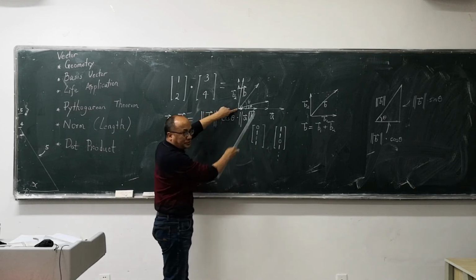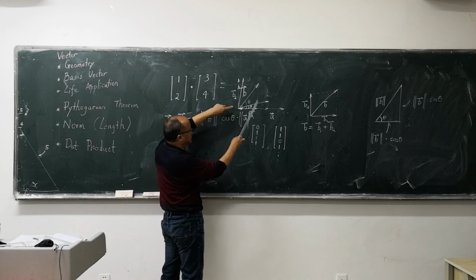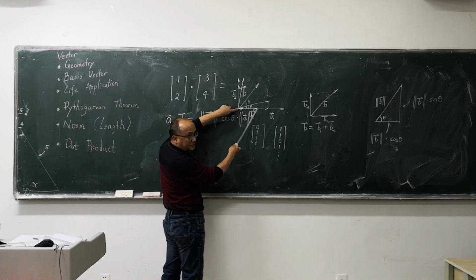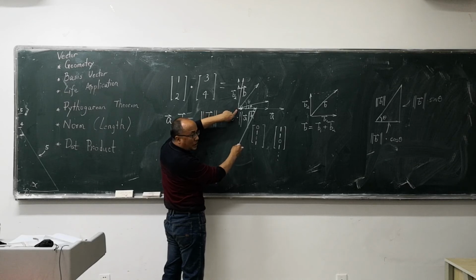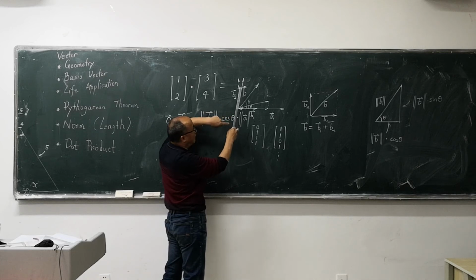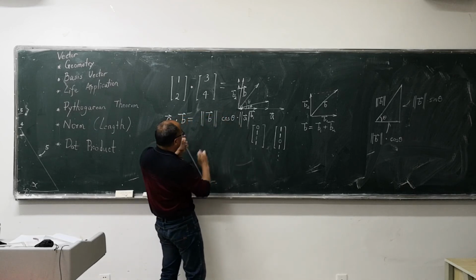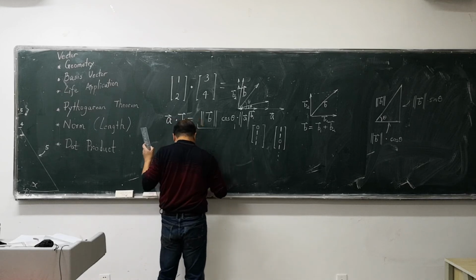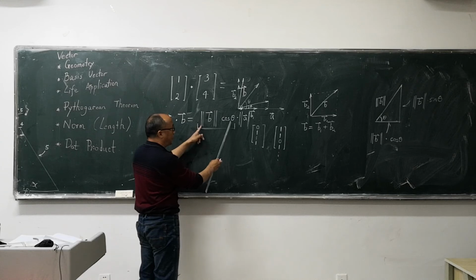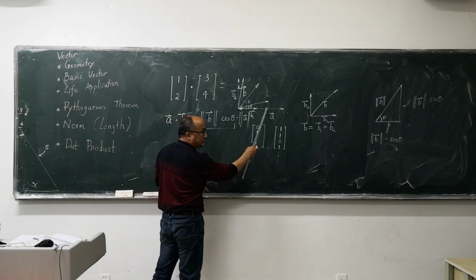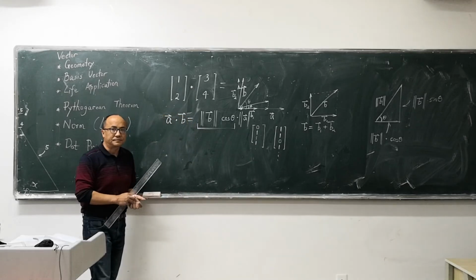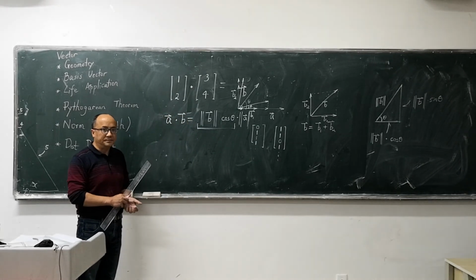So another person, this one maybe looks clear, projecting: one part is how much is similar to you, another part how much is very different from you. So this part is the similar part to you, times your length. That is the dot product.